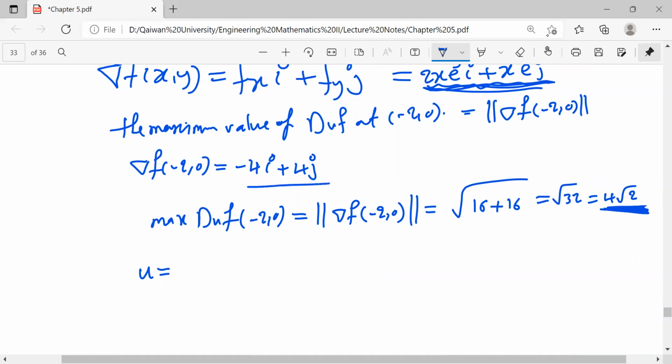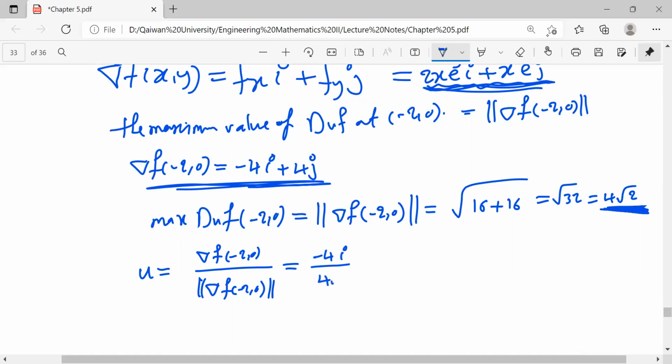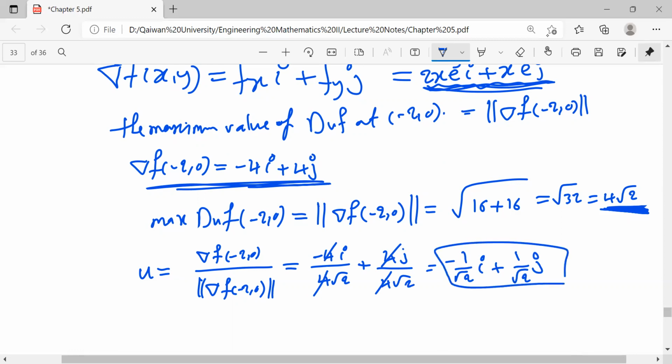So u is grad f at -2 and 0 divided by the magnitude of grad f at -2 and 0. So it equals -4i divided by 4 square root of 2 plus 4j divided by 4 square root of 2. The 4s cancel out, and we get -1 over square root of 2 i plus 1 over square root of 2 j. This is the unit vector.